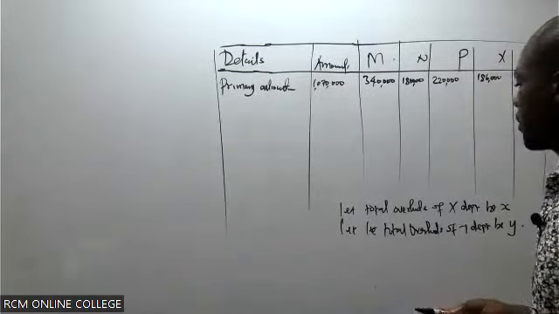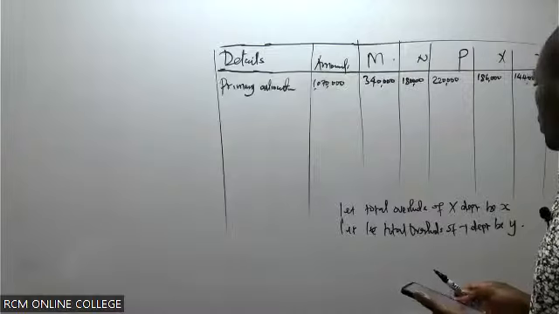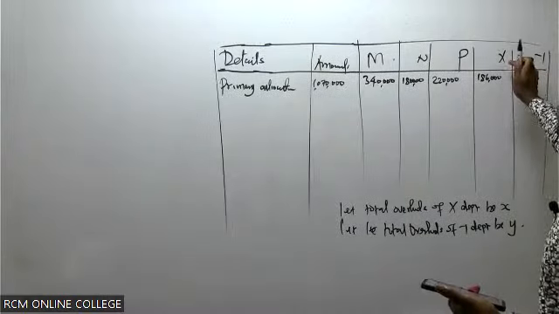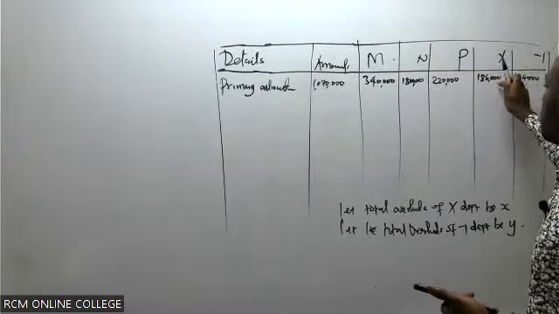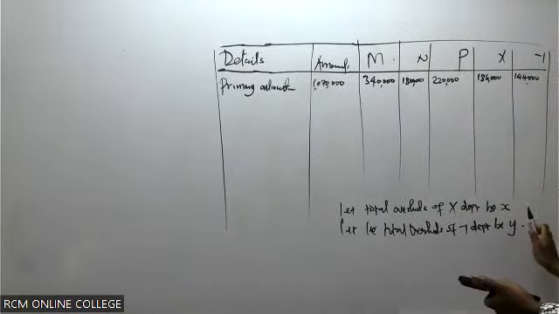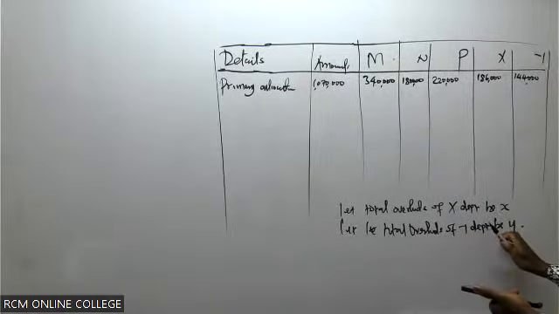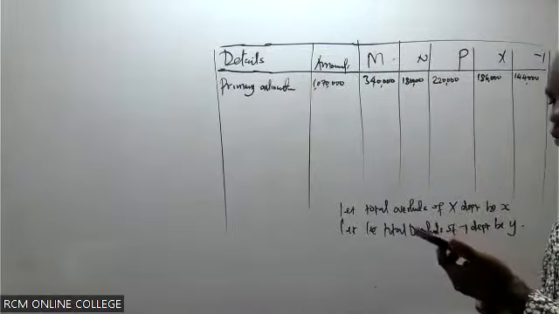Then the next step, you're going to tell us that for us to get the total which X will be giving out, it is 186 plus a percentage of the total of Y. What have we said about Y? Let the total of department Y be Y. So let's look at the question.